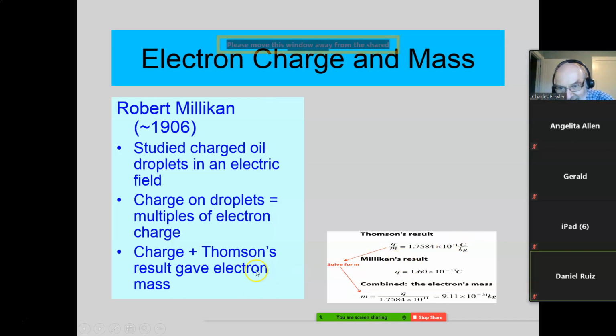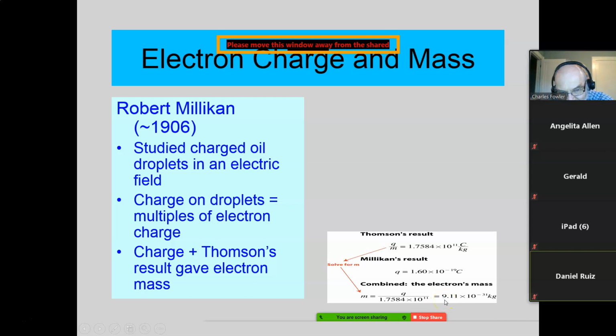Millikan's result gave them the charge. Okay, the charge on the droplet, the minimum charge was 1.60 times 10 to the minus 19th coulomb, the electron charge, and then the mass would be, put Q up here, and this here, so the Q divided by this is equal to M. Multiply both sides by M, divide both sides by this number here, and that gave the mass of the electron.